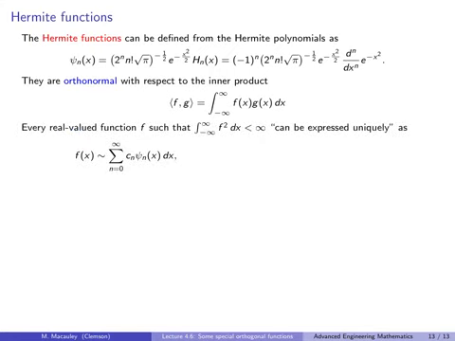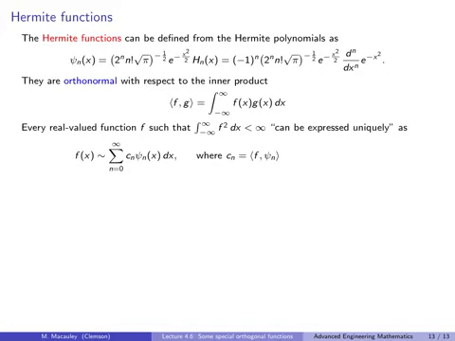Now, every real valued function f that is square integrable can be expressed uniquely as an infinite linear combination of these Hermite functions. So again, we're absorbing the weighting condition into the function, and now we're just writing a normal function using these Hermite functions.